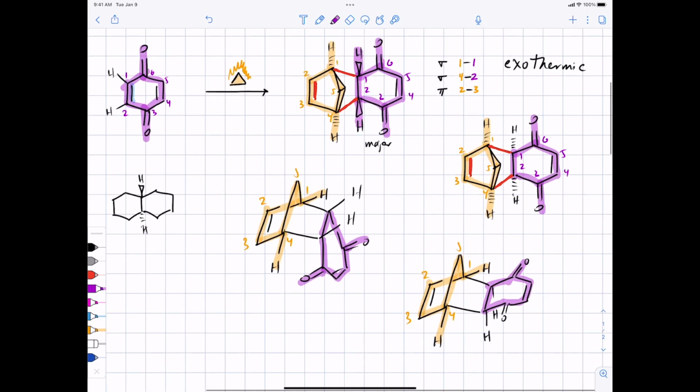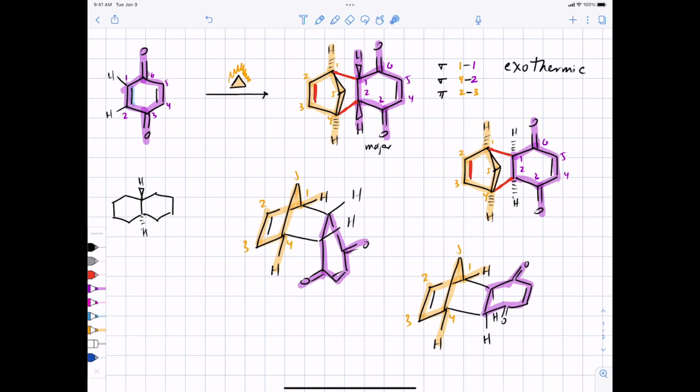The only difference between these 2 options is the relative orientation of atoms 2 and 6 versus orange atom 5. That is, over here, purple atoms 3 and 6 up here are on the same side of our new molecule.